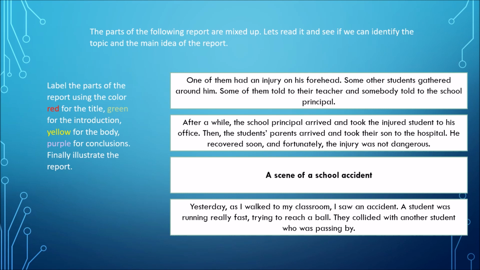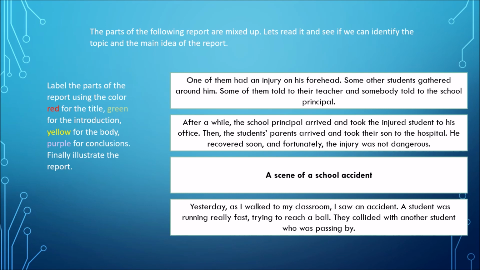Well, let's read it. One of them had an injury on his forehead. Some other students gathered around him. Some of them told their teacher, and somebody told the school principal. After a while, the school principal arrived and took the injured student to his office. Then the student's parents arrived and took their son to the hospital.